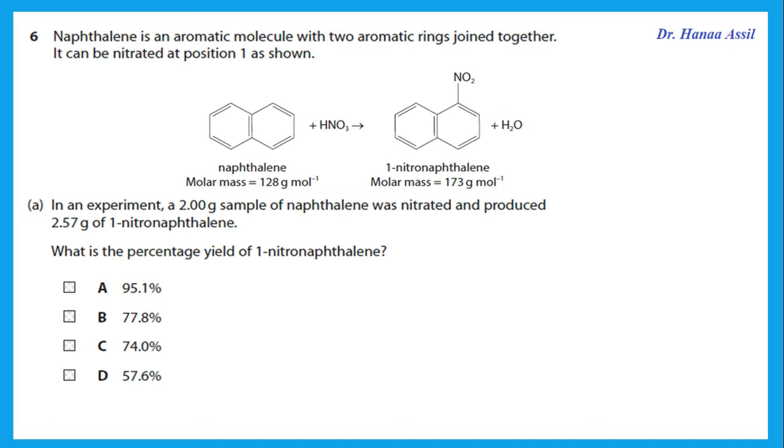Again, to calculate percentage yield, we should first calculate the theoretical yield, how much should they have obtained, and then relate it to what they actually got. So if we're starting with 2 grams, we need to calculate what? We need to calculate number of moles, mass over molecular mass. We're given the Mr. So this is the number of moles of naphthalene we're starting with.